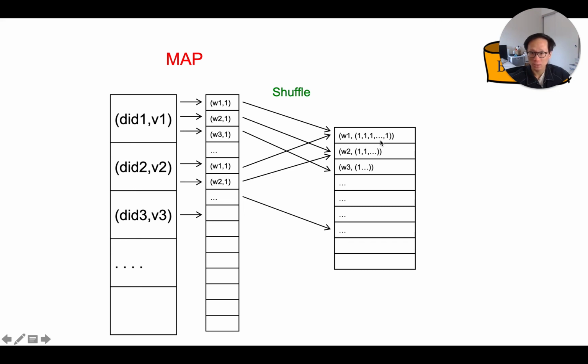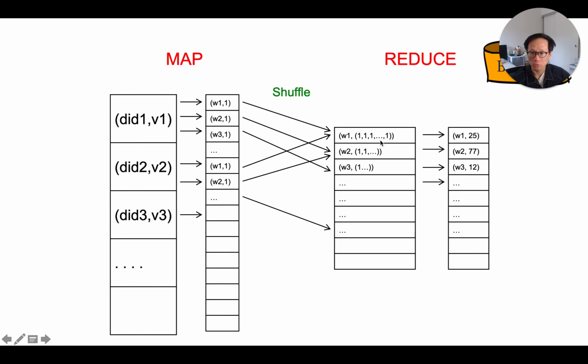And finally, during the reduce phase, we run our reducer on each of those groups of word and the counts, and we compute the final word count for each word and output them at the very end.